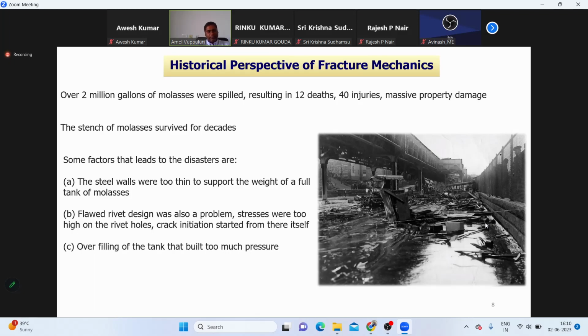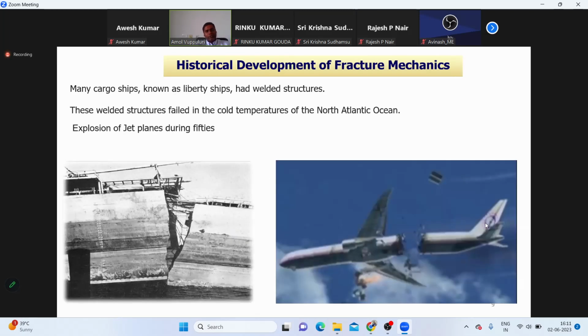There was also overfilling of the tank, which built too much pressure, and negligence in flaw inspection. Unfortunately, the outer color of the tank was the same as the color of the molasses, so even if there was any flaw or defect, it was not visible, and that led to such a fatal accident.